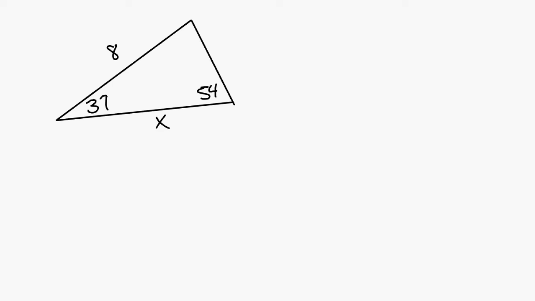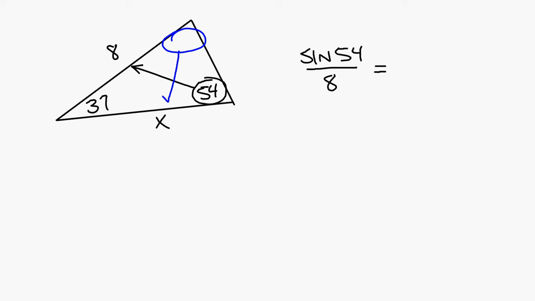The law of sines says that the sine of an angle over its opposite side, sine of 54 goes over the 8. Sine 54 over 8 is equal to the sine of this angle up here over the x. But that angle up there is missing. So you can't just use the 37. Okay? You got to find the angle that's up top.